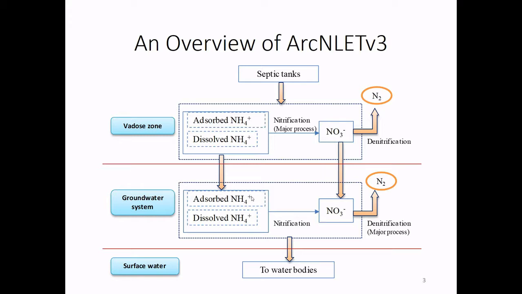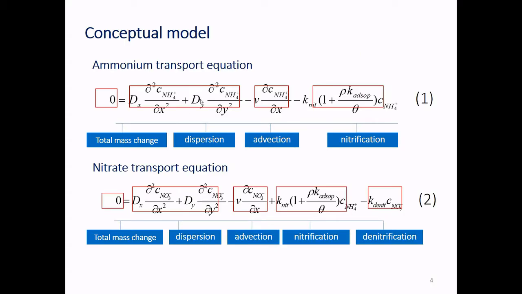But the key challenge is how to add reaction and transport of ammonium. So in theory, we should solve two sets of equations. One is for ammonium, the other is for nitrate, and these two equations are very similar to what you saw for VZMOD.